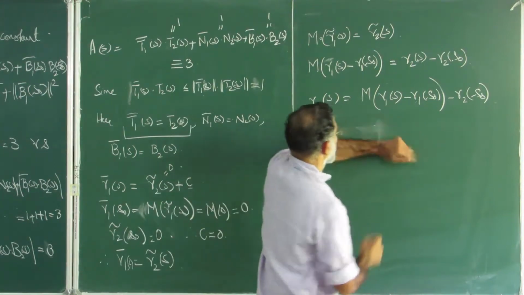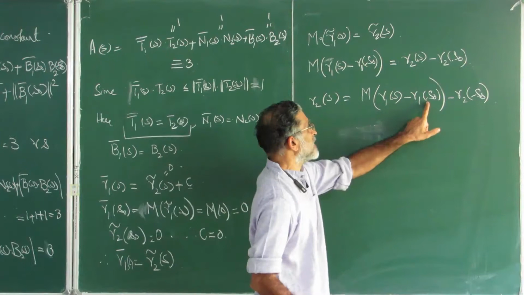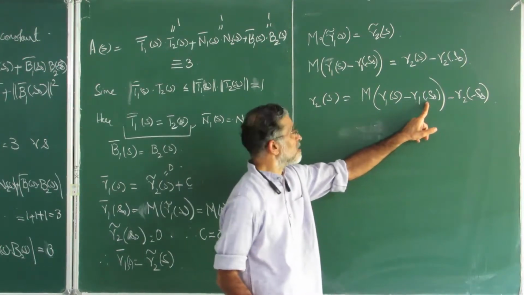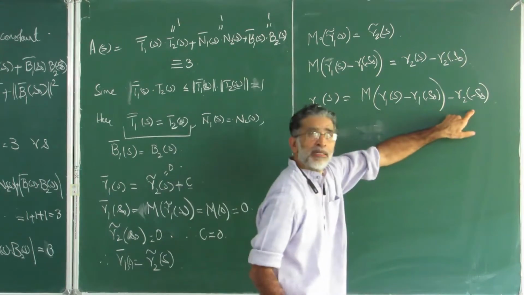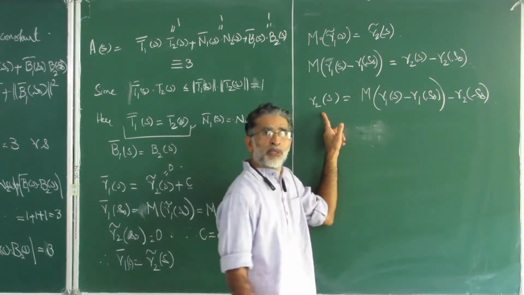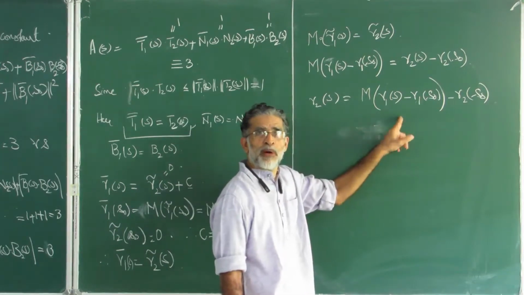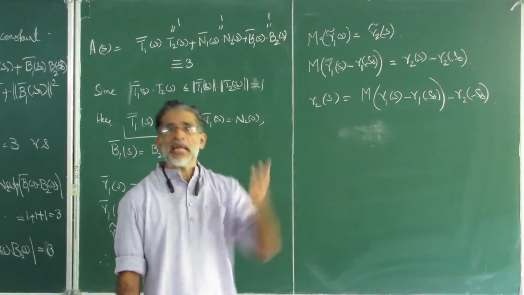Okay. So you start with gamma 1, translated by minus gamma 1 S naught. Then rotate by M. Then again translate by gamma 2 S naught. So from gamma 1, you first apply one translation, then rotate, then again translate.